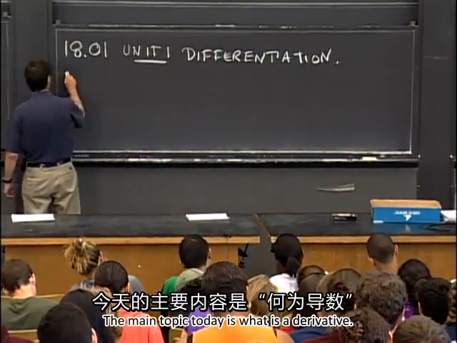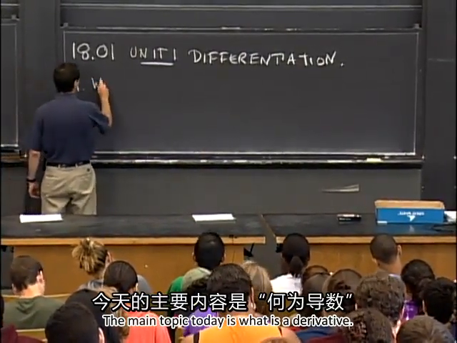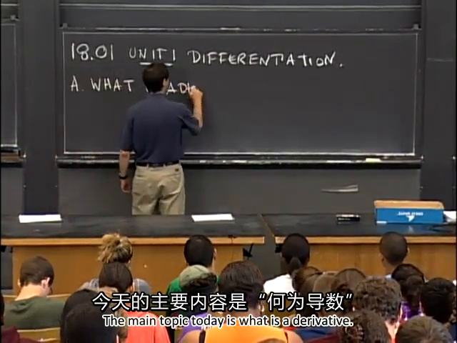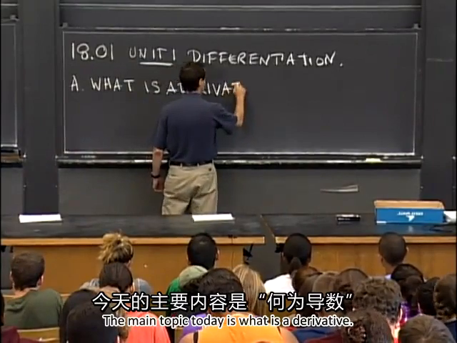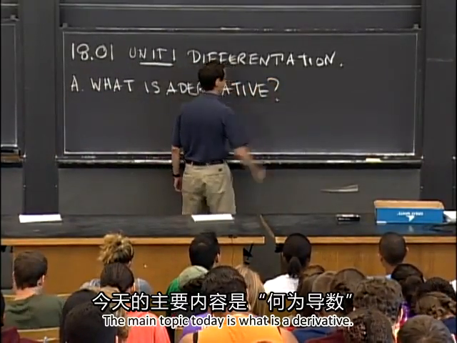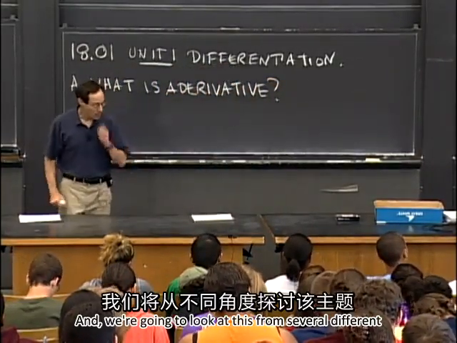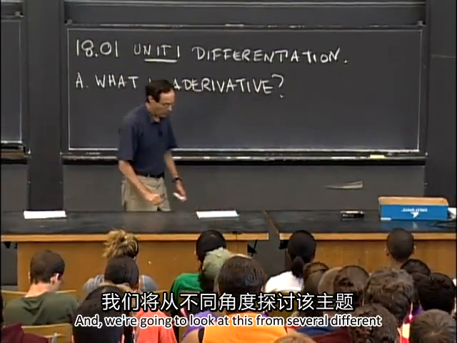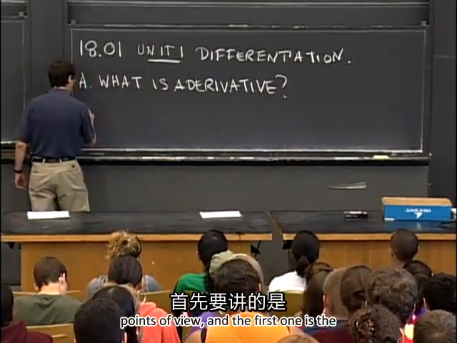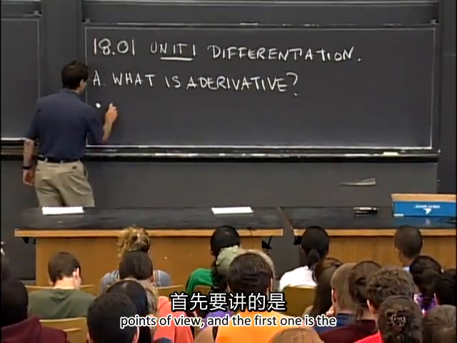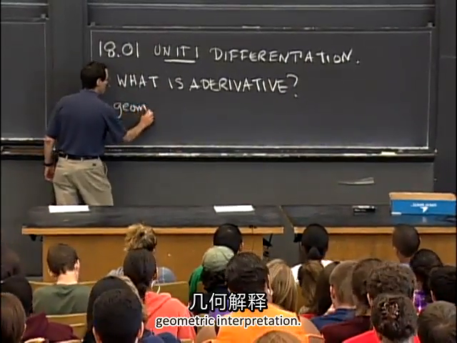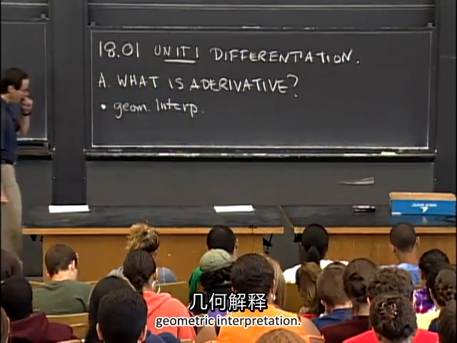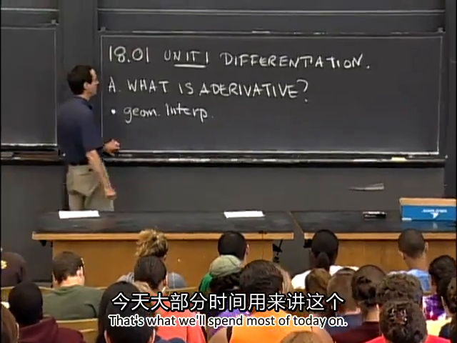The main topic today is what is a derivative. We're going to look at this from several different points of view. The first one is the geometric interpretation, and that's what we'll spend most of today on.